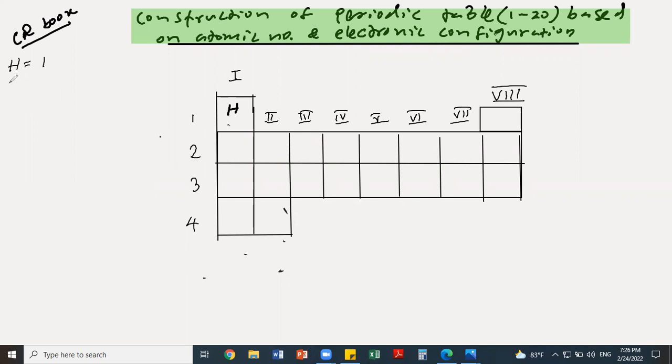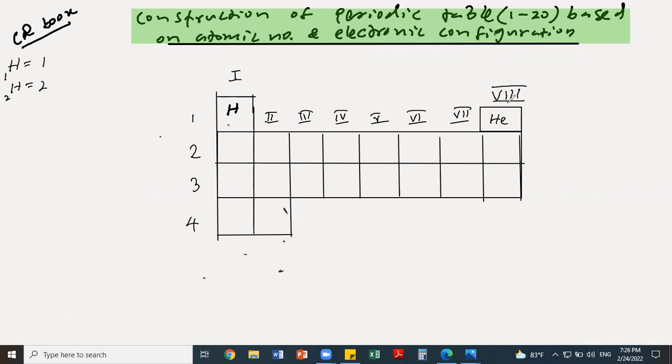Then helium, He, atomic number 2, has only 2 electrons, configuration 2. Sometimes you might ask, why can't we put this under group 2, because the configuration is 2? There's a reason for putting it elsewhere. I'll give the reason. There's one exception.